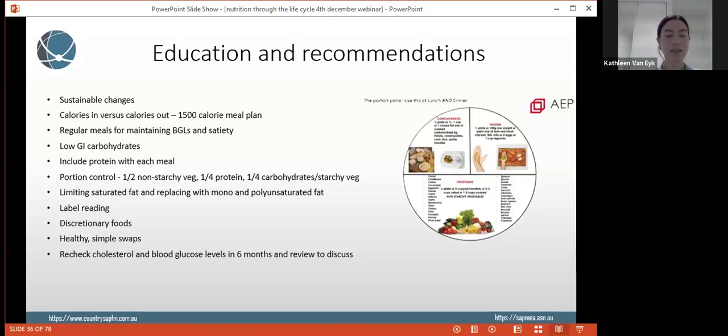And then limiting those higher saturated fat foods, which we'll talk a bit more about, and then those poly and mono unsaturated fats. Label reading we can go through, discretionary foods, and then we would most likely recommend that John has another blood test in about 6 months to check his blood glucose levels and his cholesterol again, and then come and see us to chat about that.